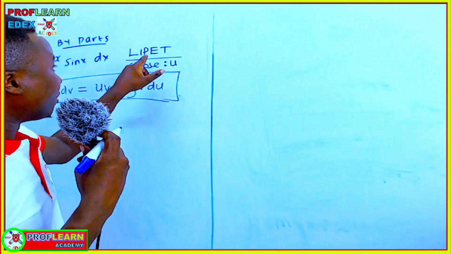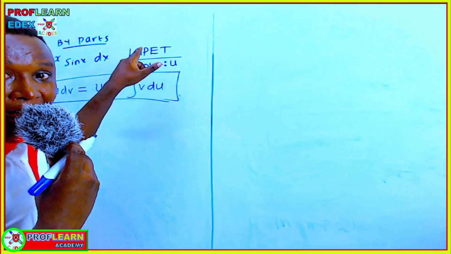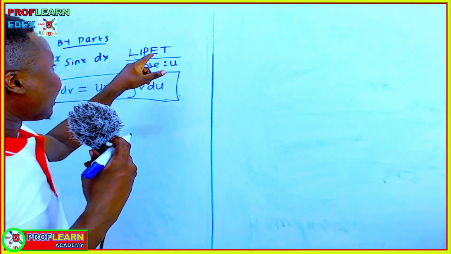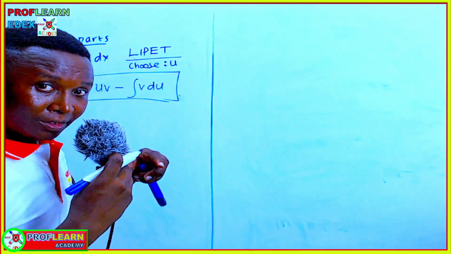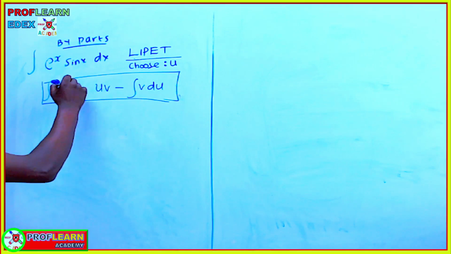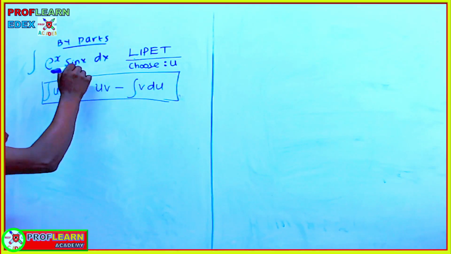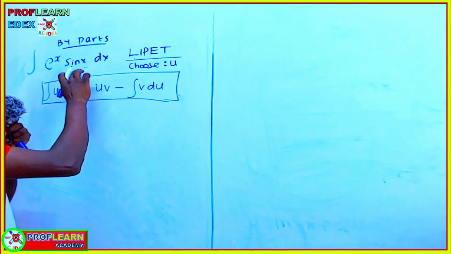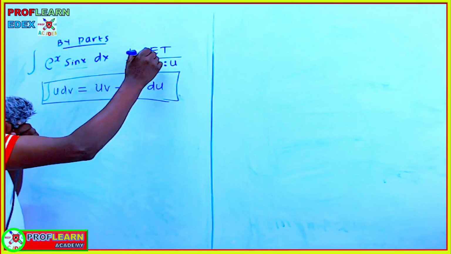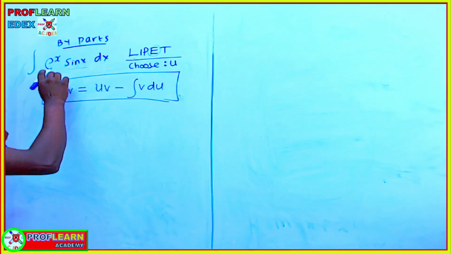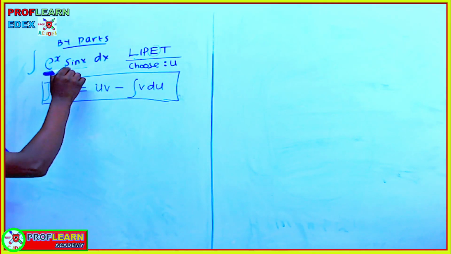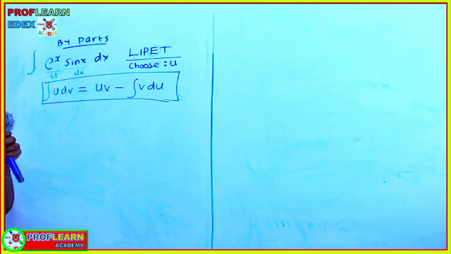If it's not there, you move to exponent. If the exponent is there, it becomes your u. And then you check for trig. So according to this, we have an exponent and we have sine, which is a trigonometric function. So we are going to pick e exponent as our u. The other one is going to be our dv.